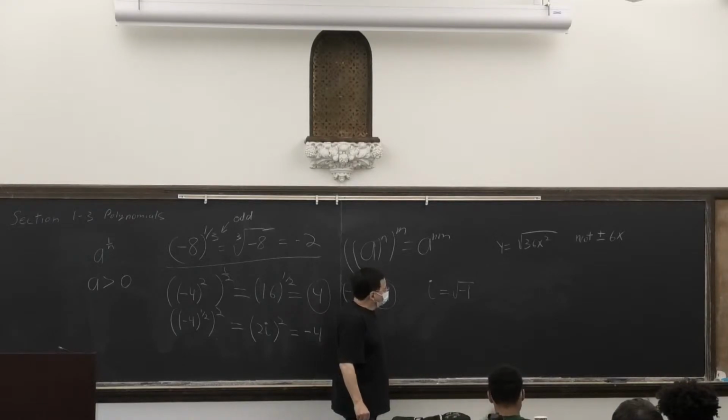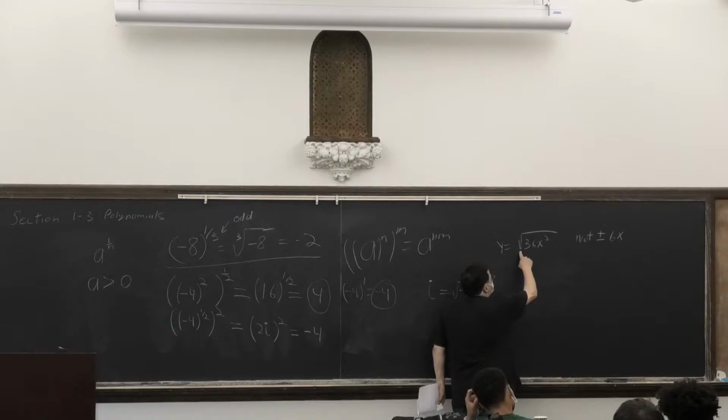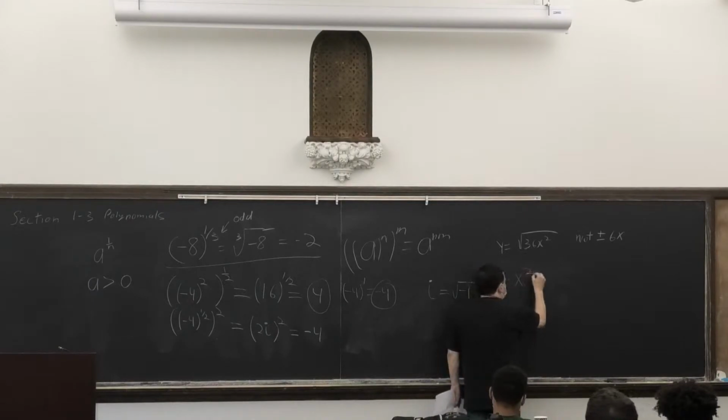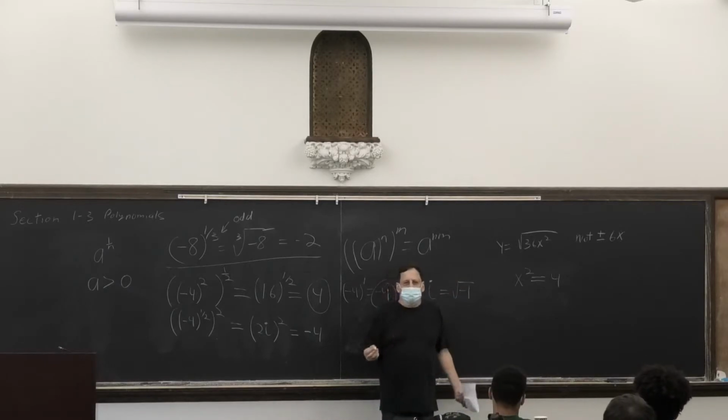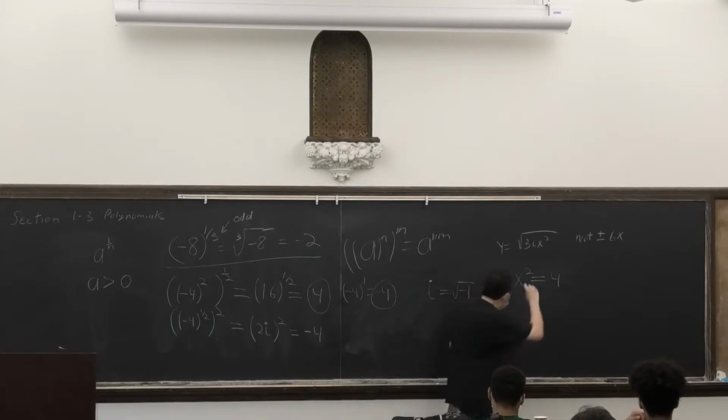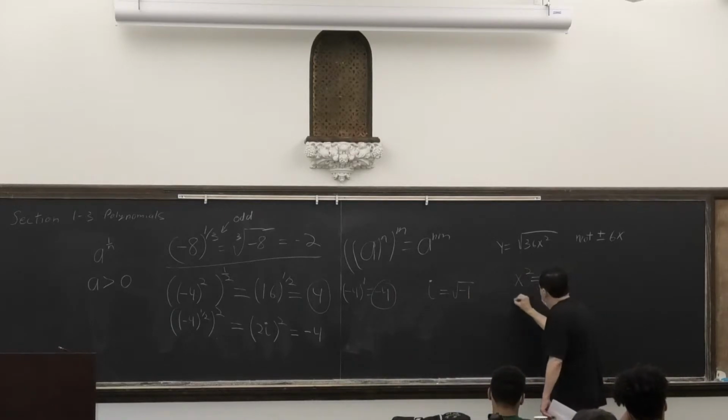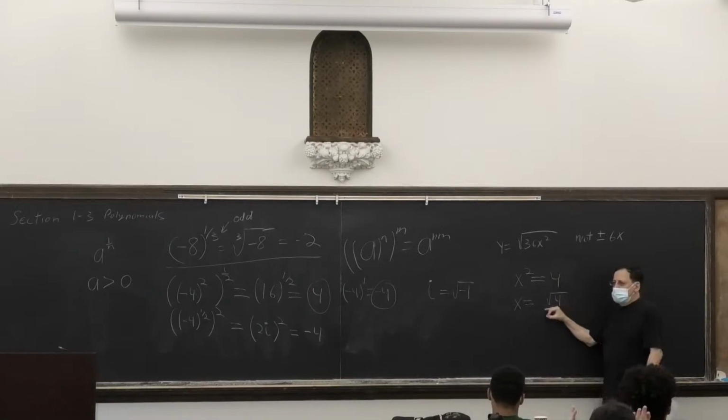Well, I don't know if we went over this detail. When we write something like this, let's say x squared equals 4. What are the solutions to this? Plus or minus 2, right? Has 2 roots, two solutions. So some people think, well, okay, so x equals square root of 4. This should be 2 or minus 2.